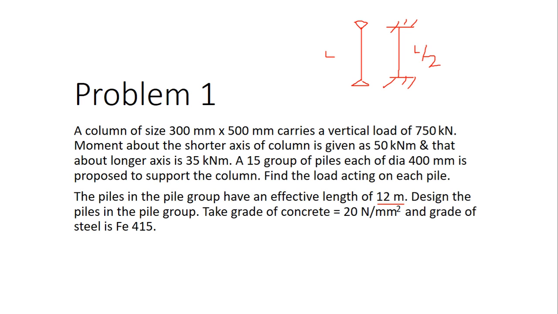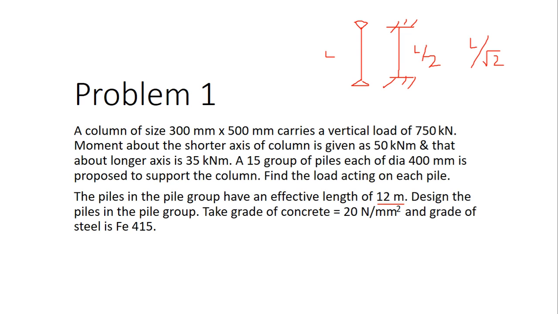When one end is hinged and the other is fixed, the effective length is L by root 2. This is something you have learned in your design of structures. So these lengths L, L by 2 and L by square root 2 are called effective lengths. In this question you are directly given the effective length of the pile.